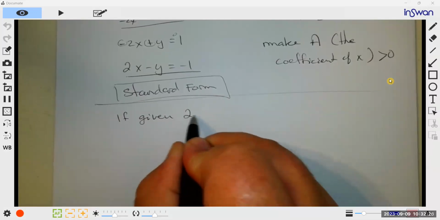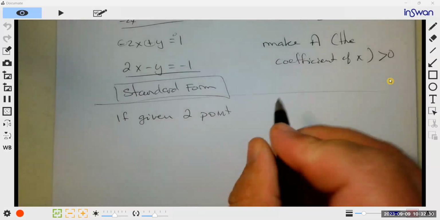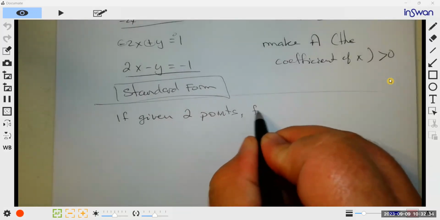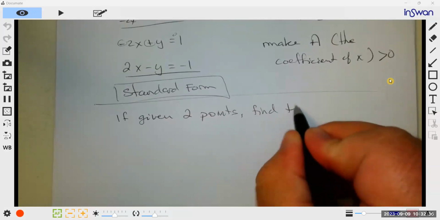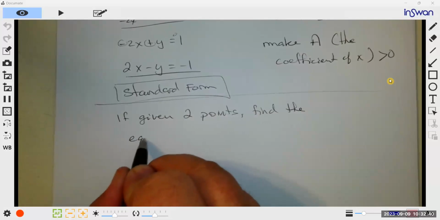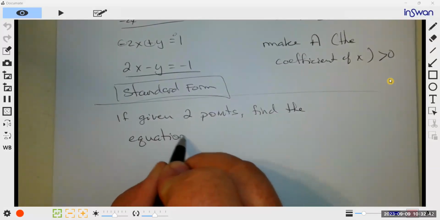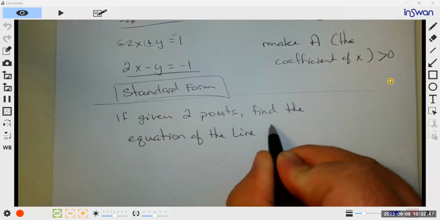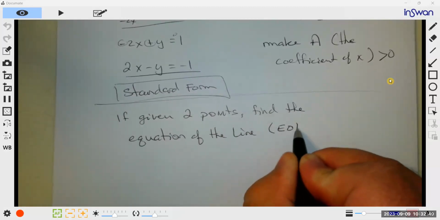If given 2 points, find the equation of the line, which I'm going to call EOL from now on.